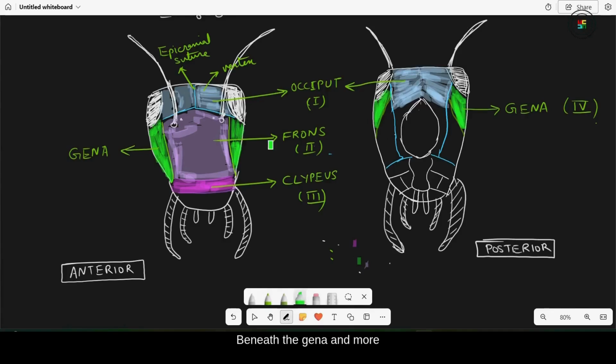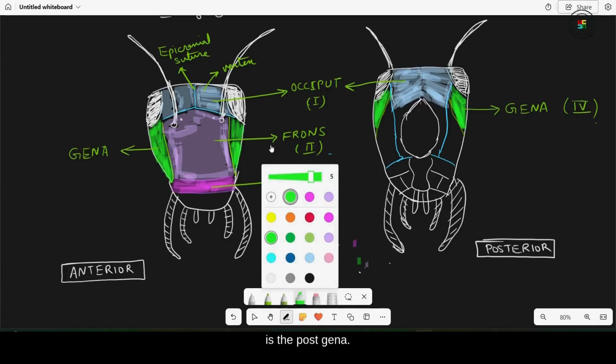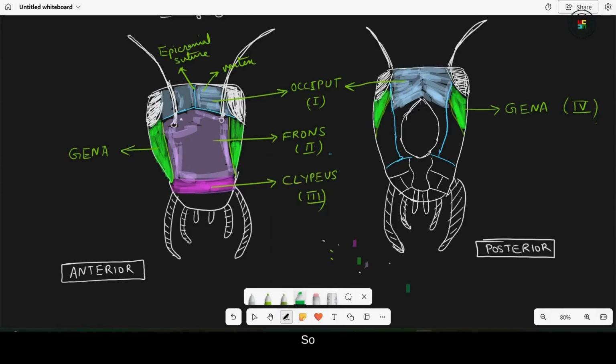Beneath the gena and more towards the occipital foramen is the post gena. So this one is post gena because this is more towards the posterior rather than the lateral. This is post gena.